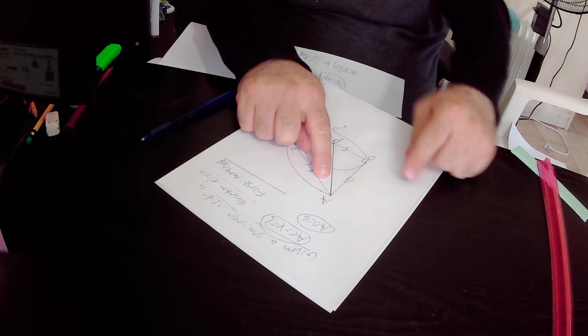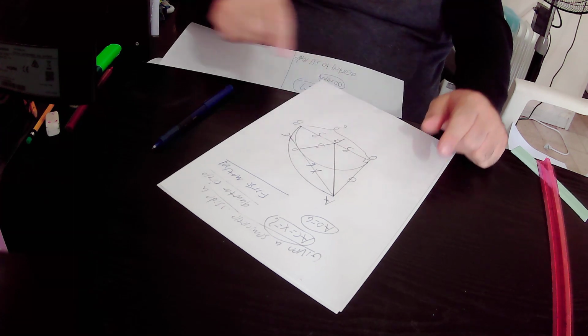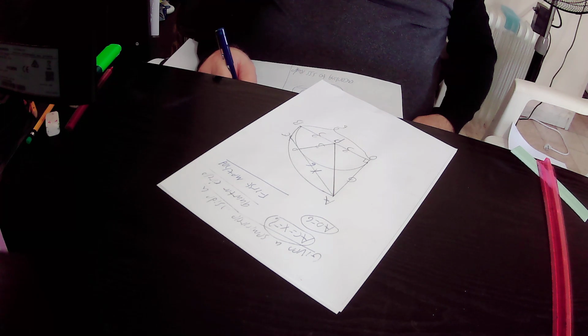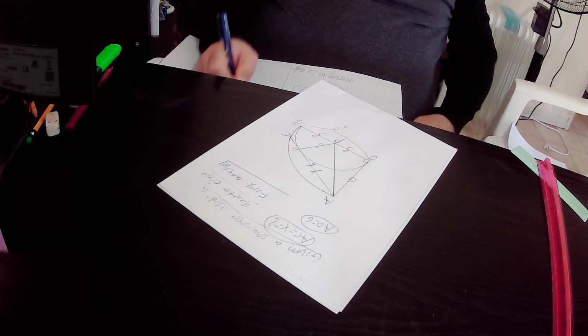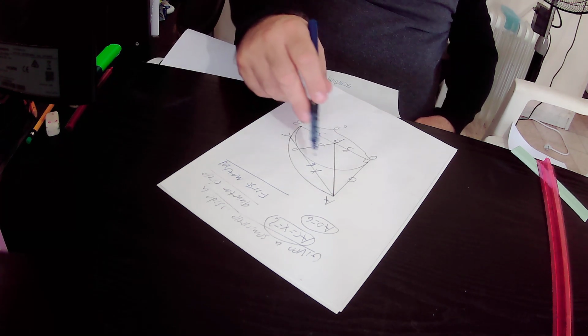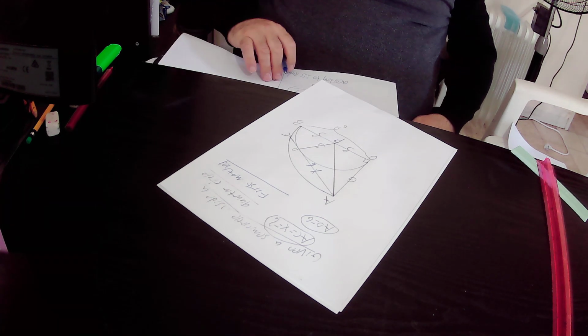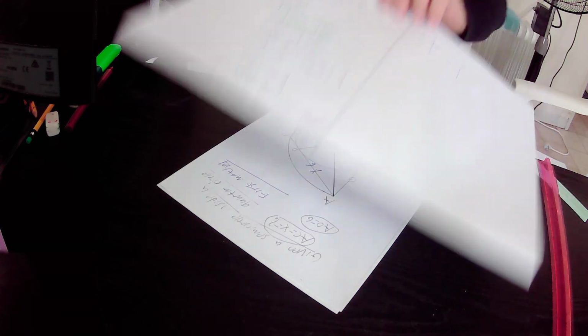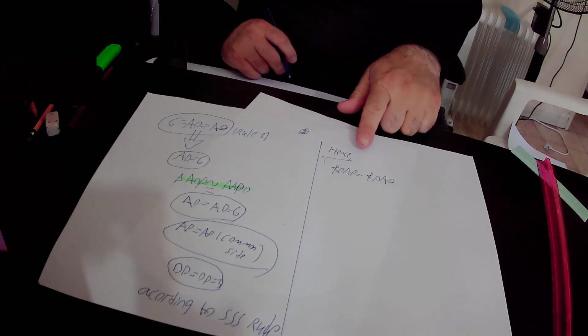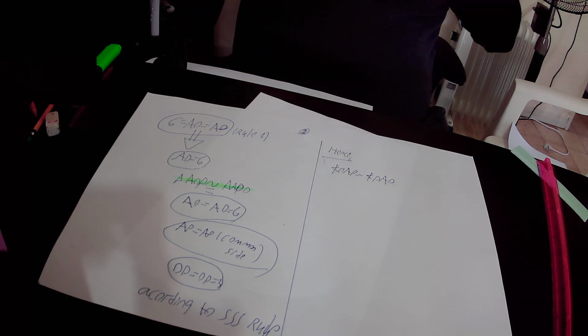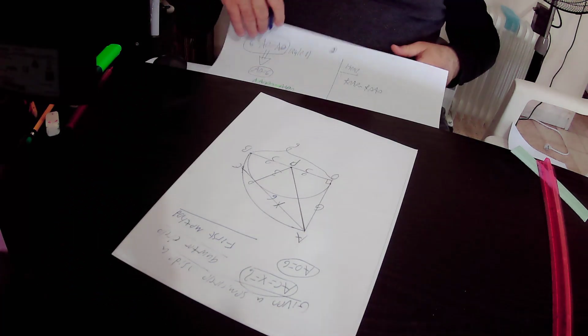That is to say, angle OAP equals this angle, that is actually angle PAD. I'll repeat again, angle OAP equals angle PAD, according to the rule that corresponding angles in congruent triangles are equal to each other.